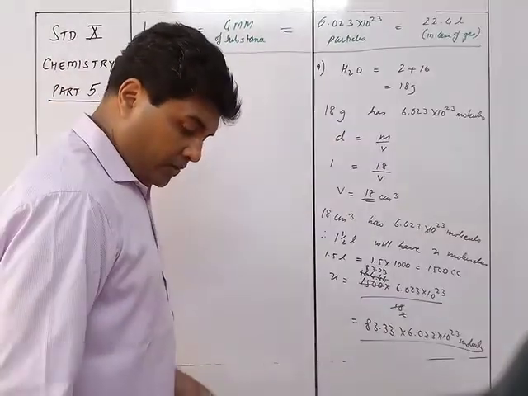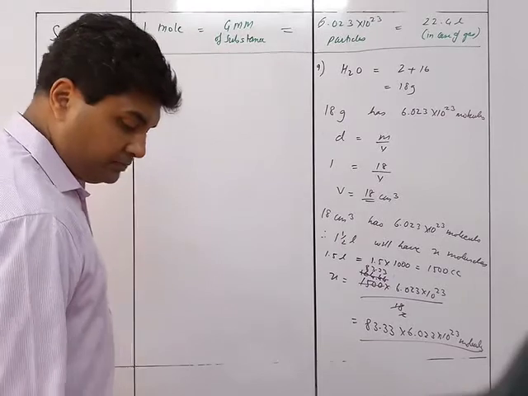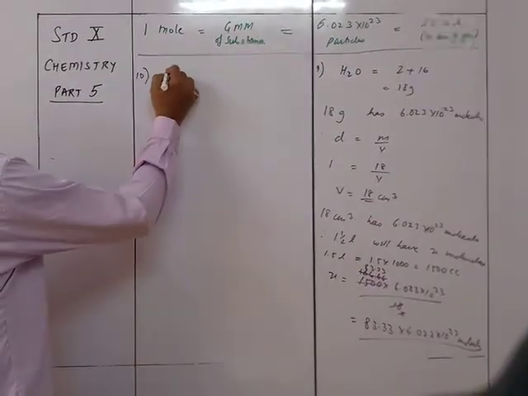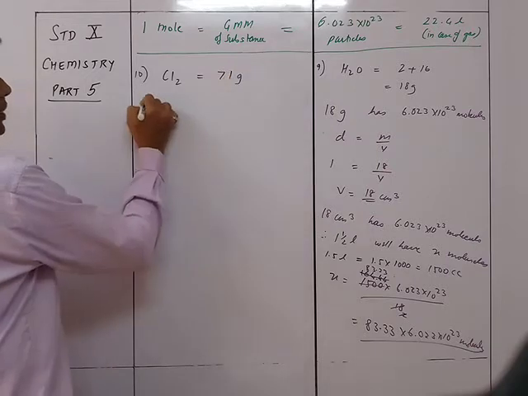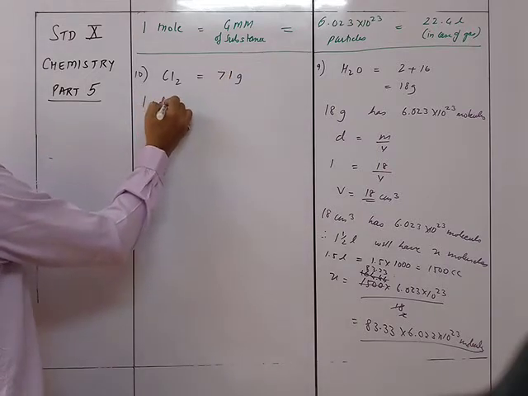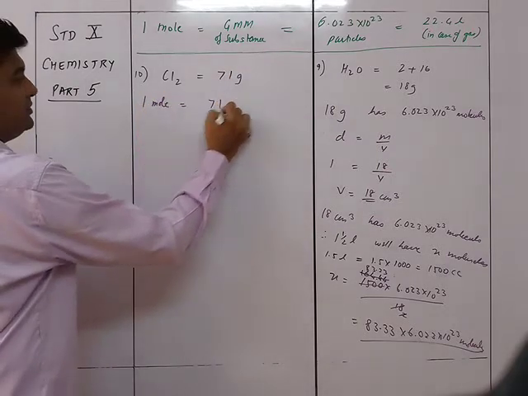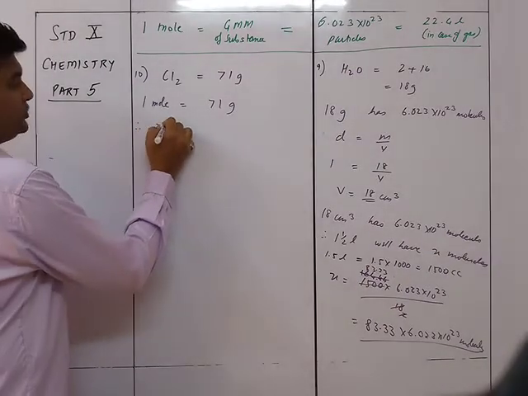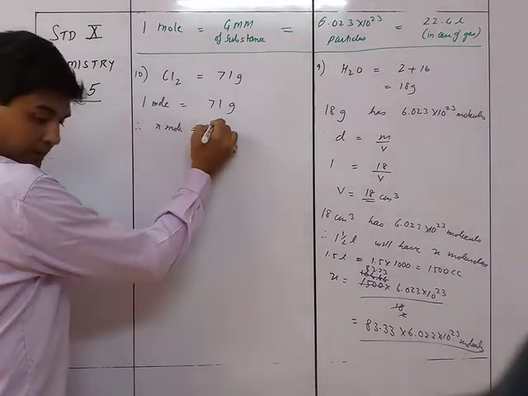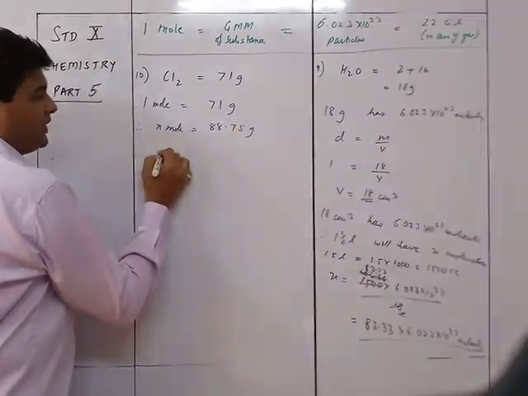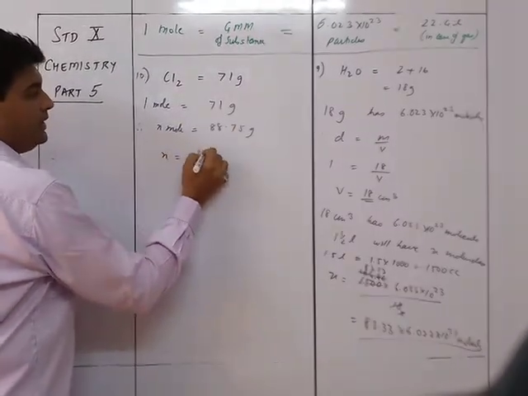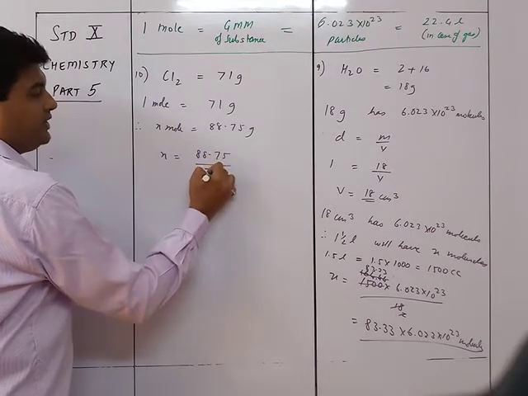So we know over here that chlorine Cl2 is equal to 71 grams. So 1 mole is equal to 71 grams. Therefore, X mole is equal to 88.75 grams. So therefore, X is equal to 88.75 upon 71.